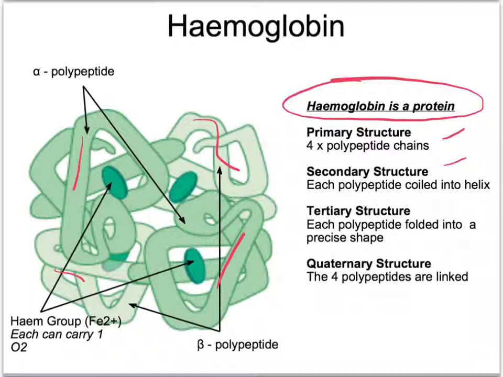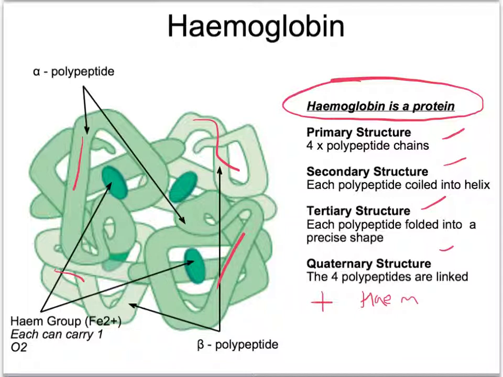Each one of those is then coiled into a helix, which is its secondary structure. The tertiary structure is the fact that each of those coiled chains is then folded into a very precise shape, and you can see that there. And then the quaternary structure is that the 4 polypeptides are linked, and each one has a heme group associated with it.